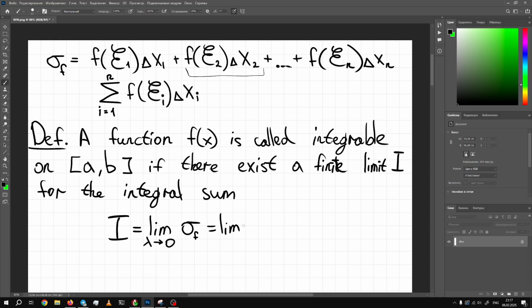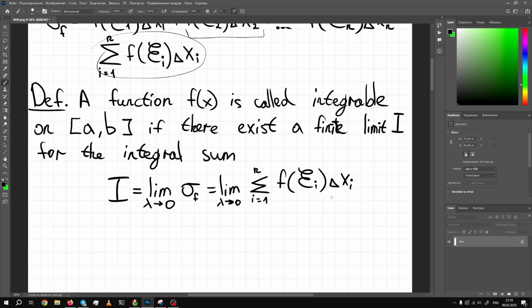We can write it in this form: the sum from i equals 1 until n of f of ei multiplied by delta xi.